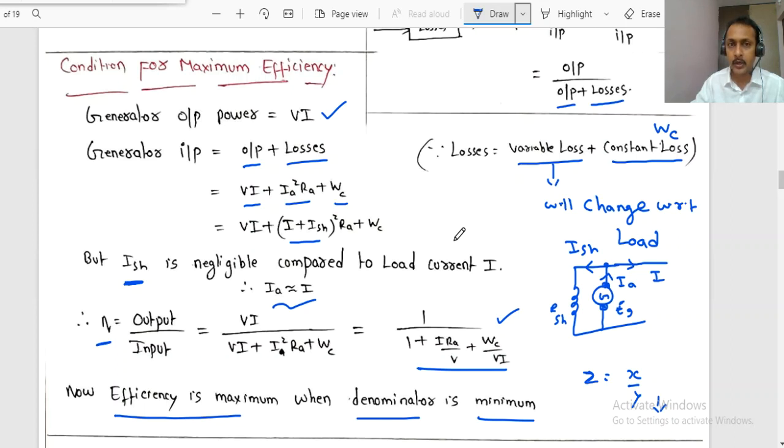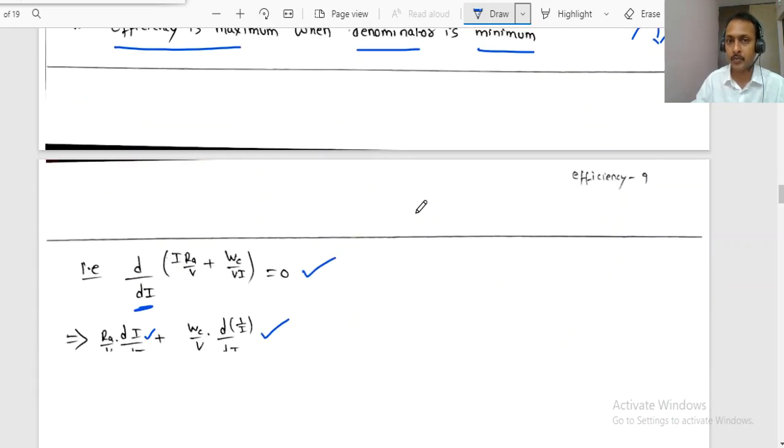Electrical engineering students definitely have to know it. But I have observed many syllabuses, and most of you may not have this condition in your academic syllabus, but you can observe the derivation, right?